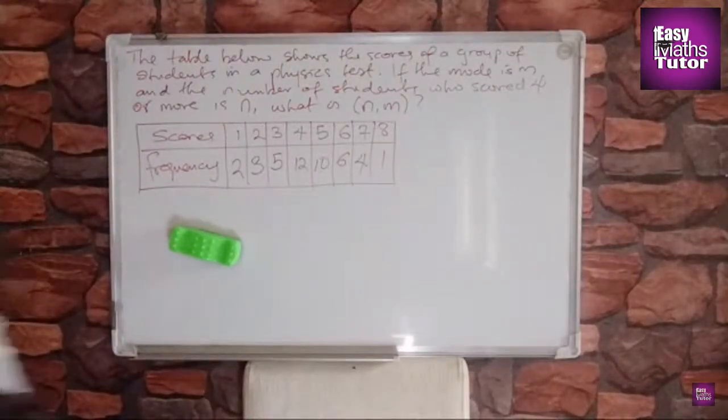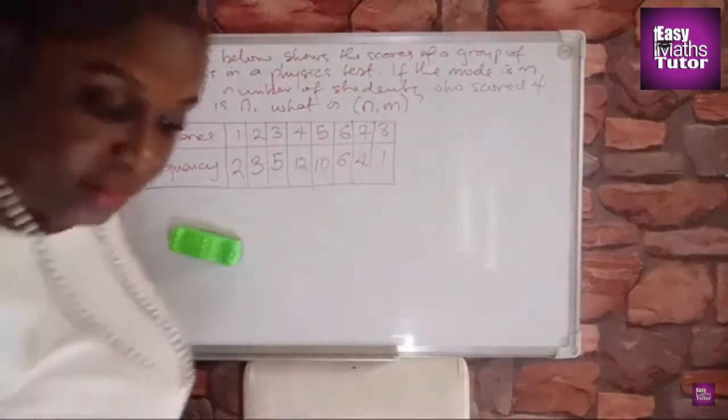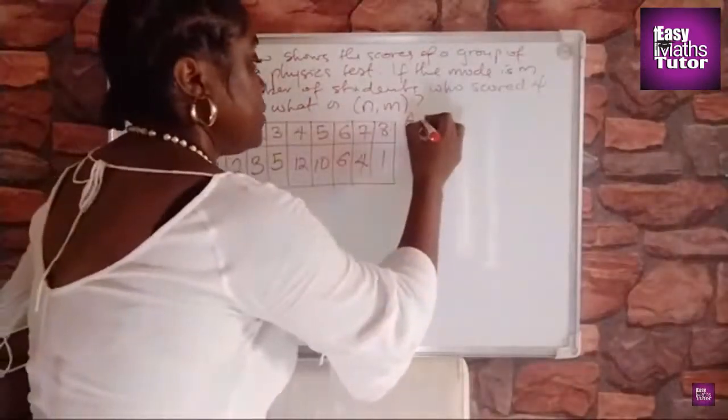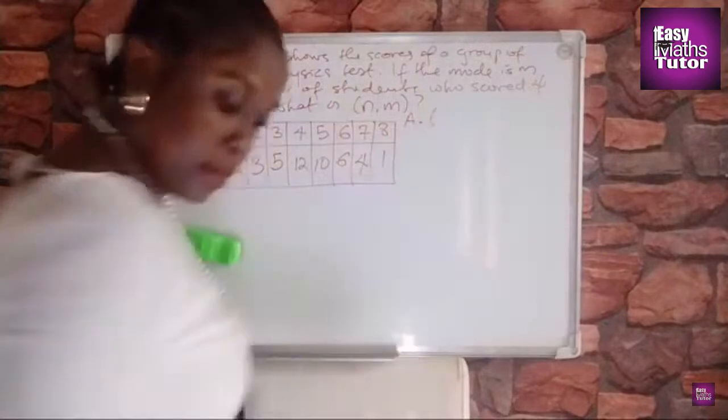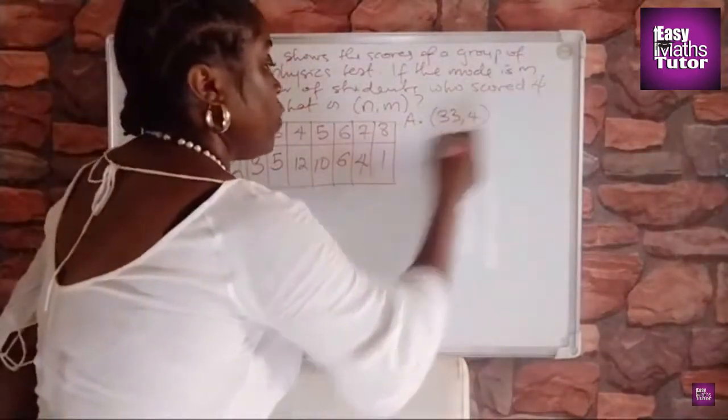Okay? All right. So what are the options we have in this function? Option A is 33, 4.